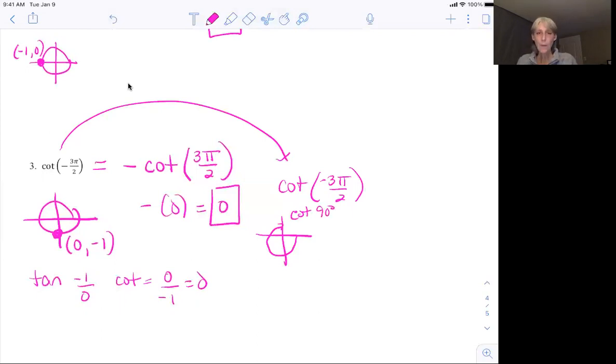And if you set that up, you're going to get the same answer. So again, our aim here is just to give you alternate ways to evaluate things, especially if it's going to help you in the future.